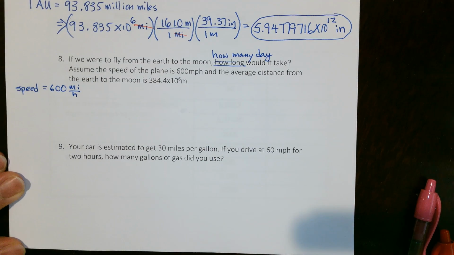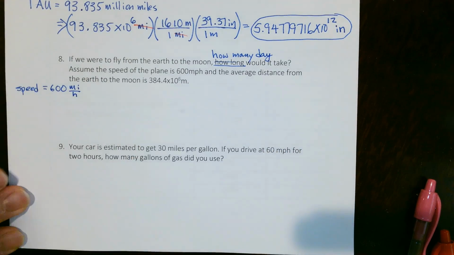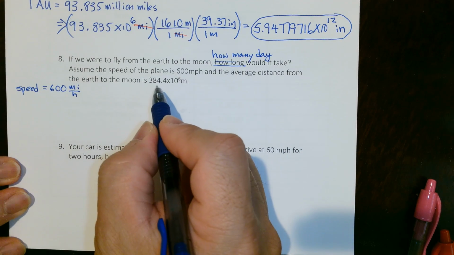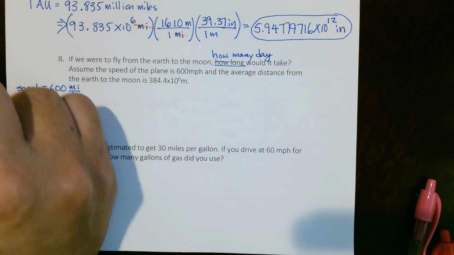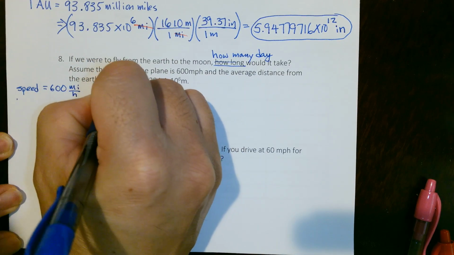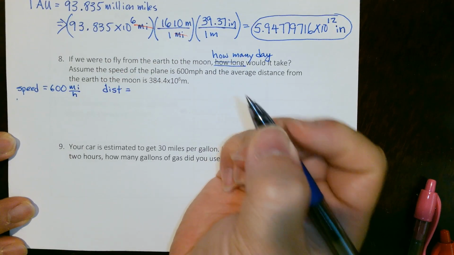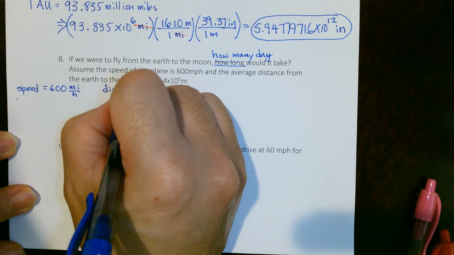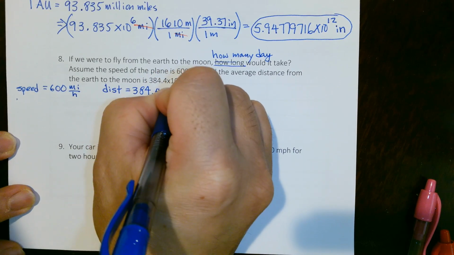Let's write down everything that we know. We also know the distance from Earth to the moon is 384.4 million meters. Let's write down the distance here. The distance from Earth to moon is equal to 384.4 million meters.